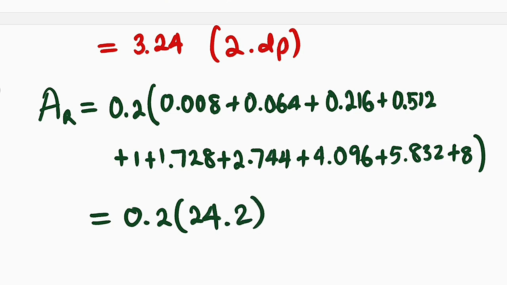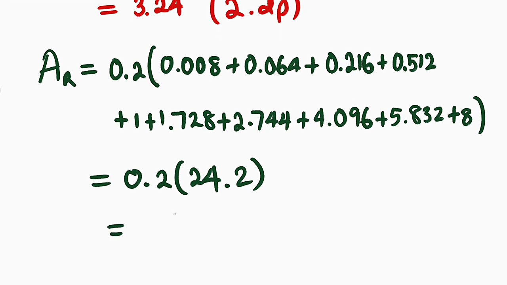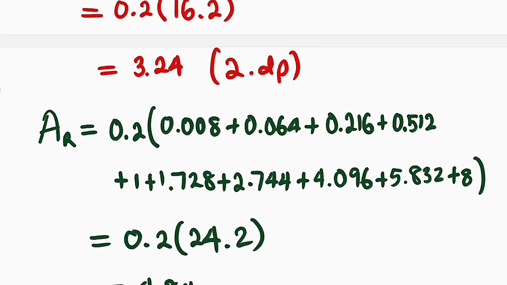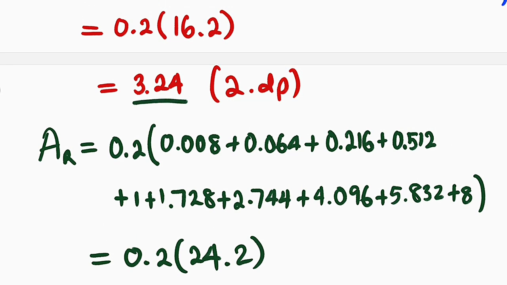So let us multiply them together. 0.2 multiplied by 24.2 is equal to 4.84. So after taking the right Riemann, you see the area is greater than the left Riemann, which is 3.24.